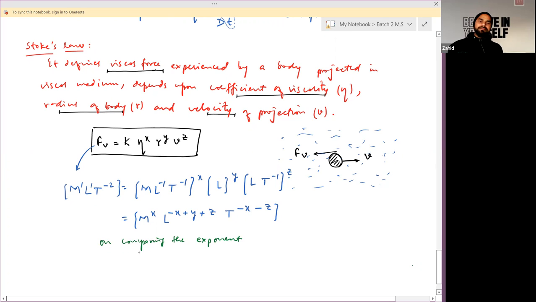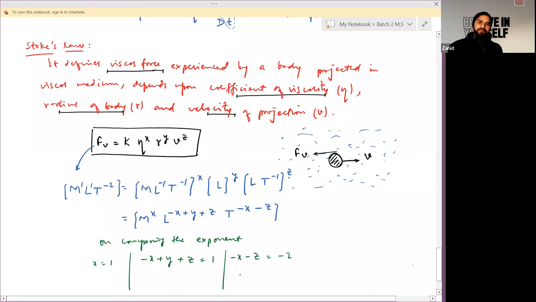Good, Shravya. On comparing the exponents on both sides, we have M raised to x and M raised to 1, so x equals 1. Minus x plus y plus z equals 1. Minus x minus z equals -2.